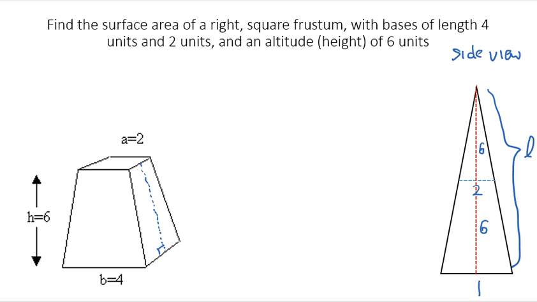So again, we can use similar triangles. We know that this is 6, we know that this base is 2, and we know that these are right triangles.